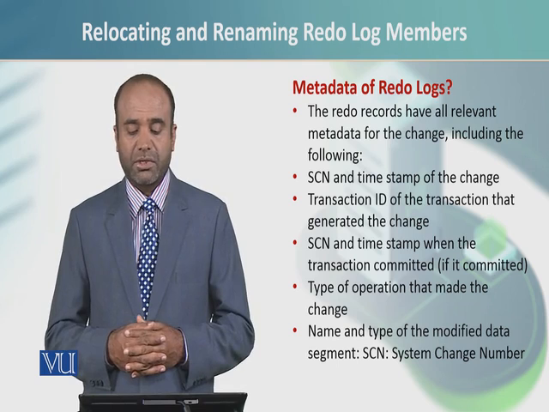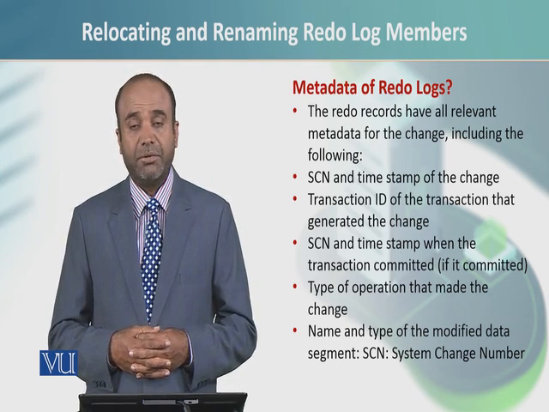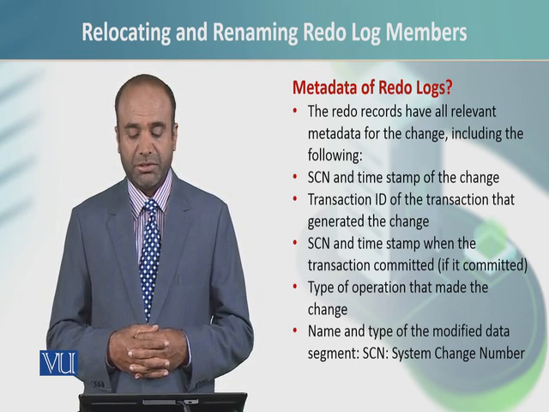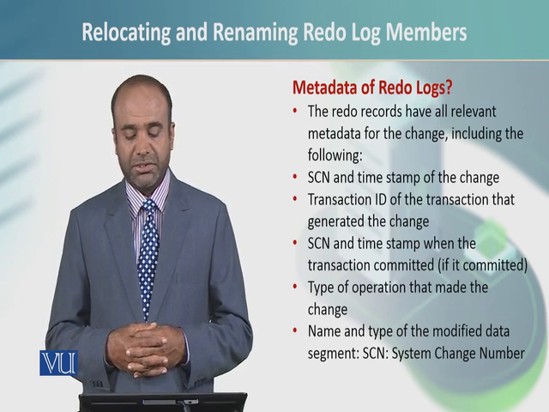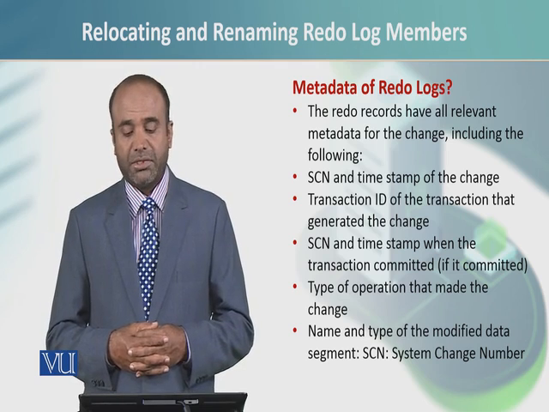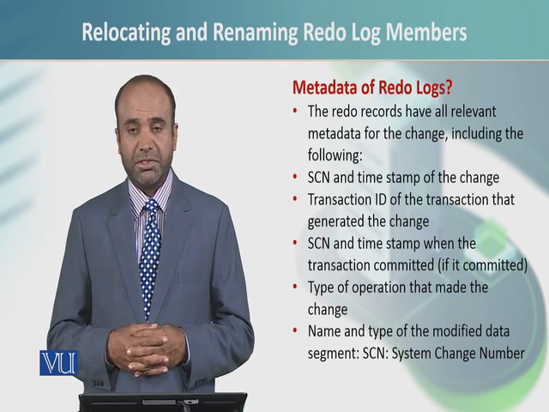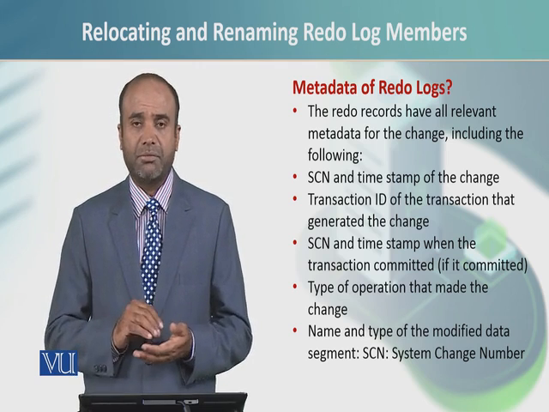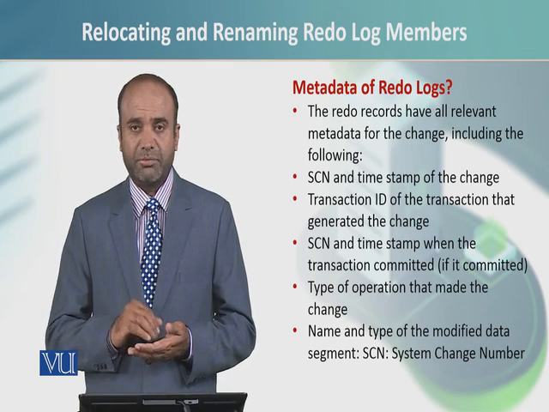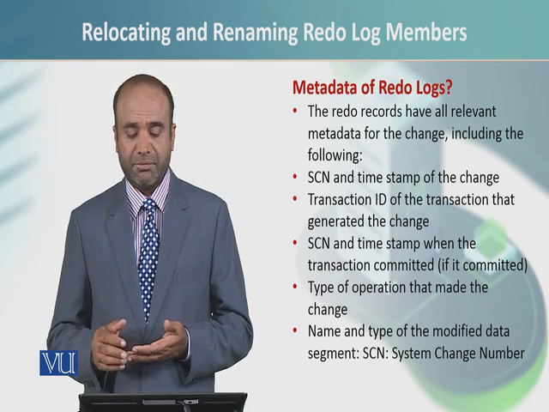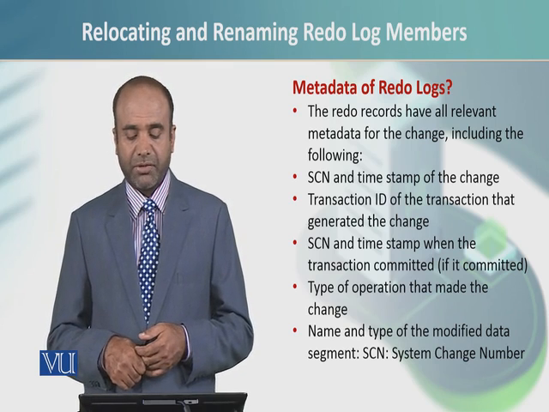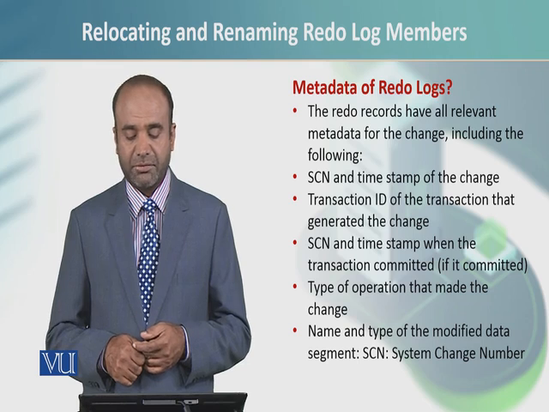Redo log records have all relevant metadata of the change, including the following: the SCN and timestamp of the change, and the transaction ID of the transaction that generated the change. Change means that we move the file from one place to another, or rename the file at the same place. Also the SCN and timestamp when the transaction committed, if it is committed.